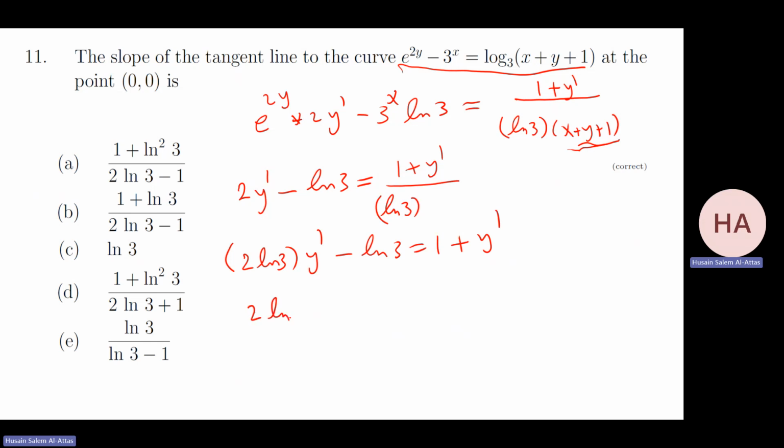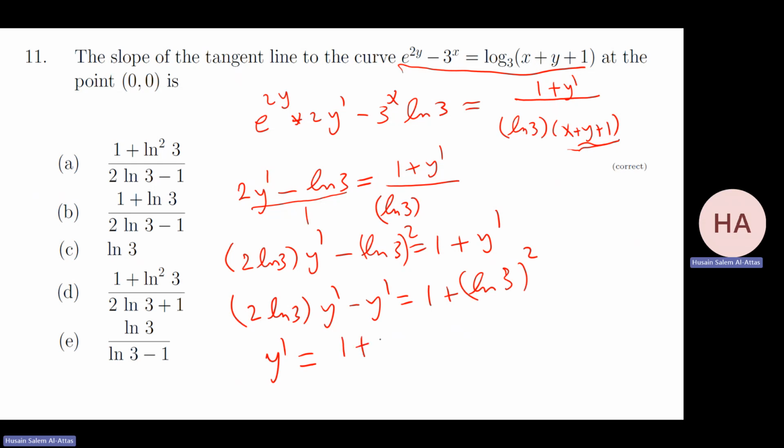So I have 2 ln 3 y prime minus y prime equals 1 plus ln 3. 1 minus, this is ln 3 squared. Minus ln 3 squared. So y prime would be (1 plus ln 3 squared) over (2 ln 3 minus 1), which is this.